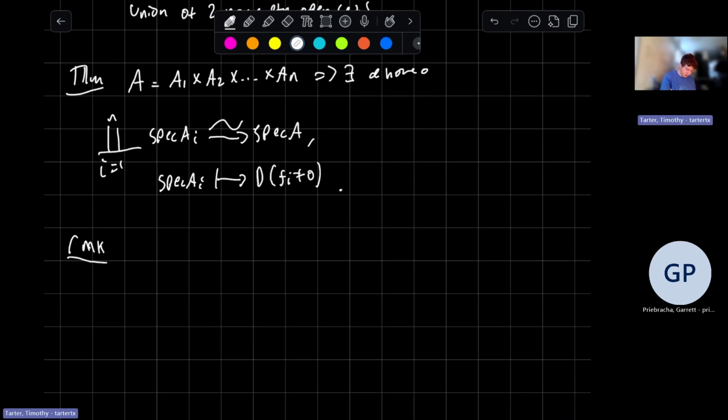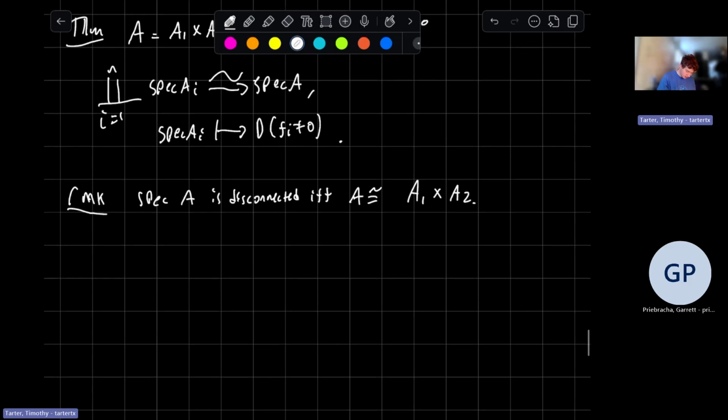So then as a remark, spec A is disconnected if and only if A is isomorphic to the product of non-zero rings A1, A2.